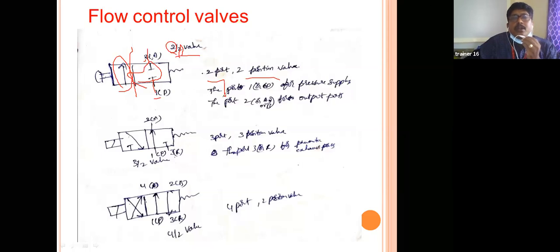You got it, right? Having 2 ports and 2 positions. This is position 1 and this is position 2. The flow occurs and the flow path cuts off. These are the 2 positions.